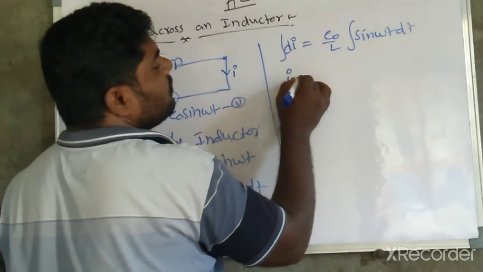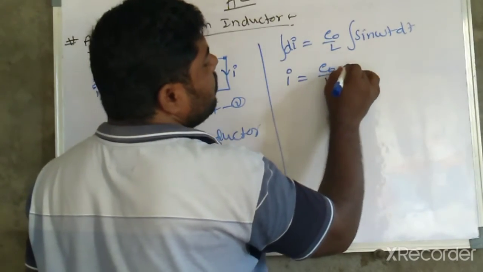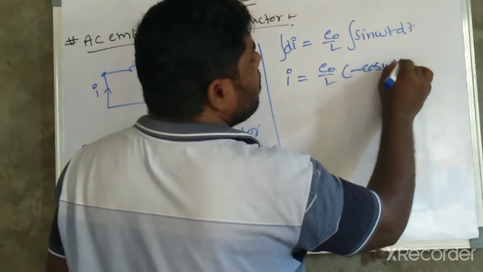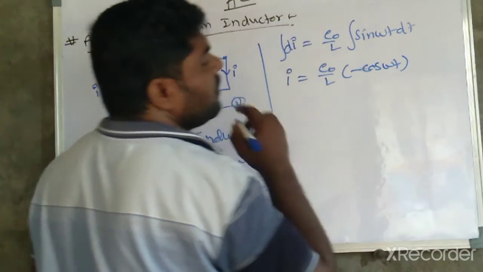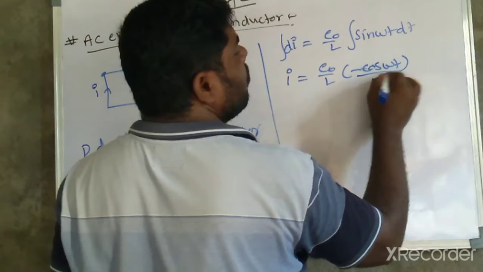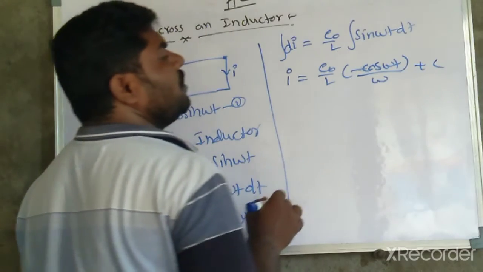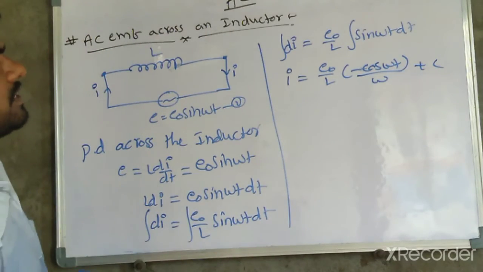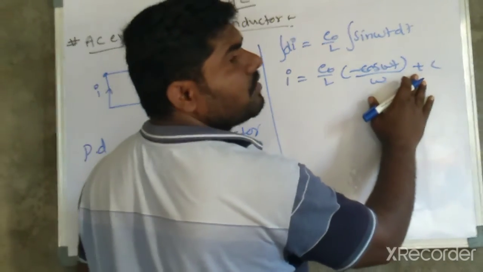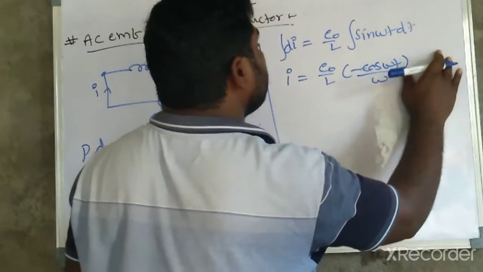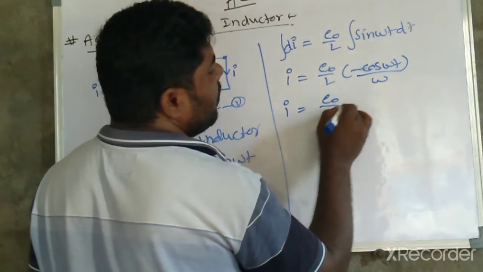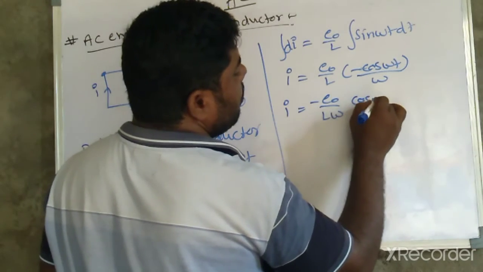The integral di is nothing but I. So I is E naught by L into minus cos omega t divided by omega, plus c, where c is the integration constant. That integral constant is very small, so there is no need to write it here. So I is equal to E naught divided by L omega into minus cos omega t.